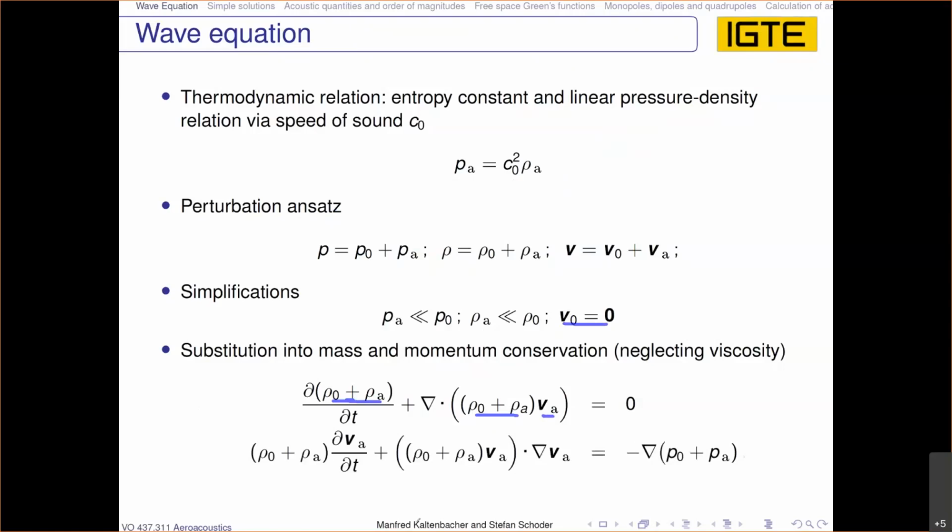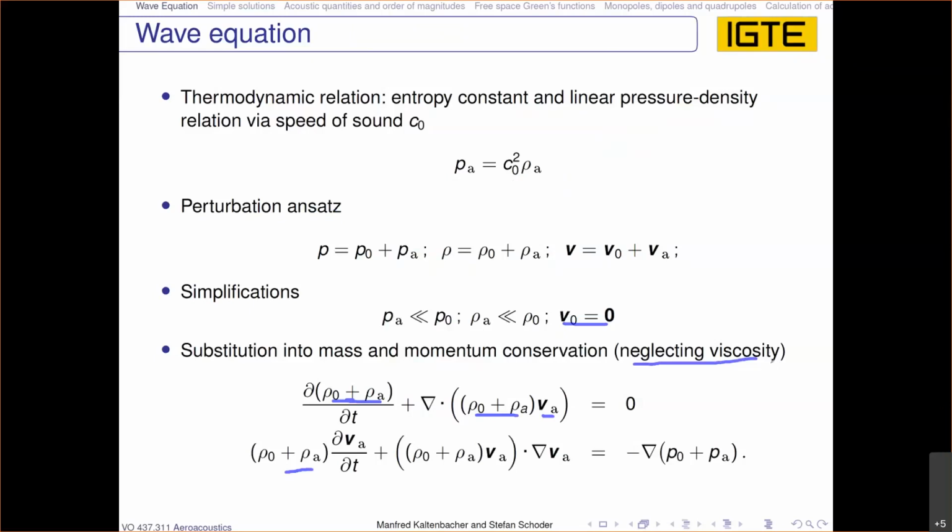And the second part is that you substitute it into the conservation of momentum. And here again, what you can see is that you have the mean density and the fluctuating density. With the time derivative here, we just have the acoustic part because the ambient velocity is 0, and so on. What is important and not shown here is that we have already neglected viscosity.